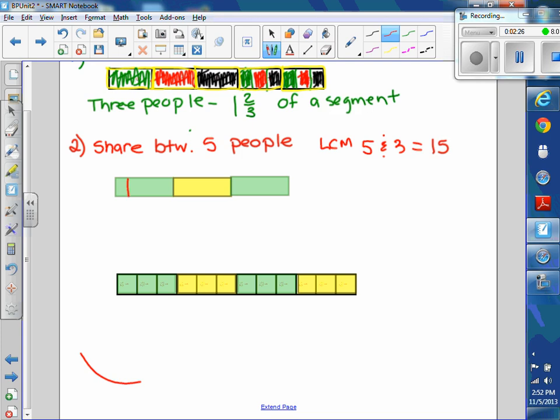So I have to divide each segment into 5 parts. So that's a good first step. And now I'm going to share it between 5 people, right? So each person, when I take that 15 and break it into groups for 5 people, I would have 3 in each group.